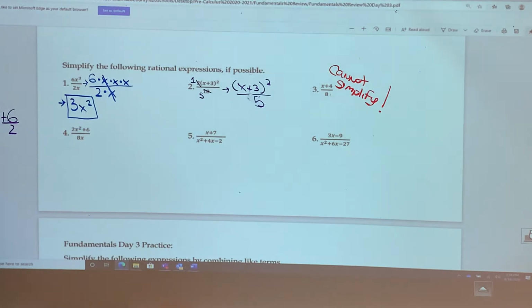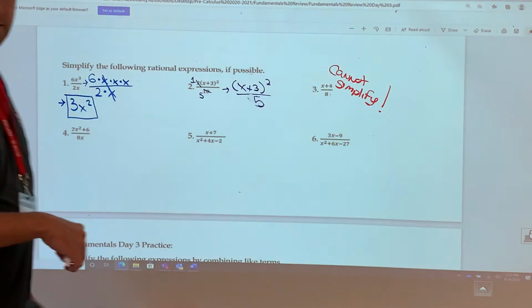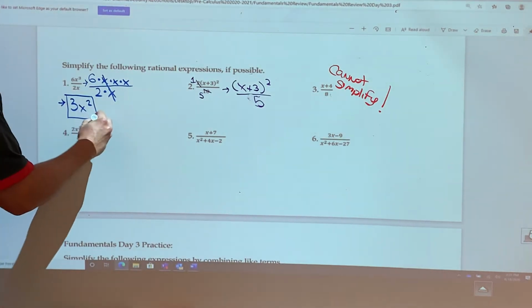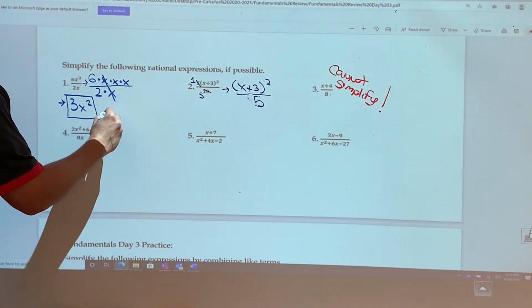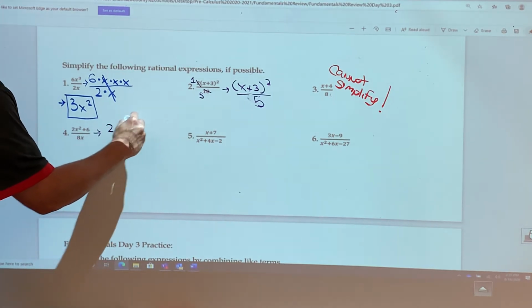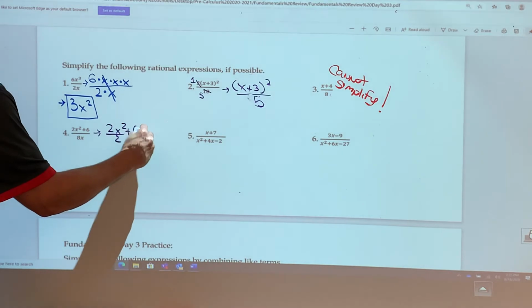Let me do it over here so you can see. When I take a 2 out, I'm taking that whole expression, 2x squared plus 6, and dividing everything by 2.